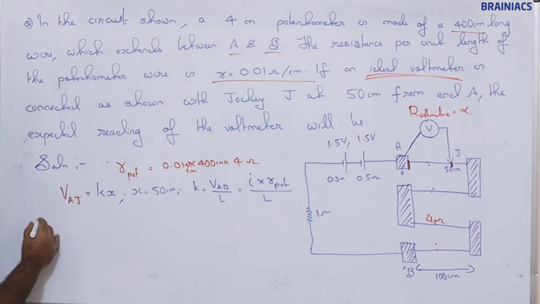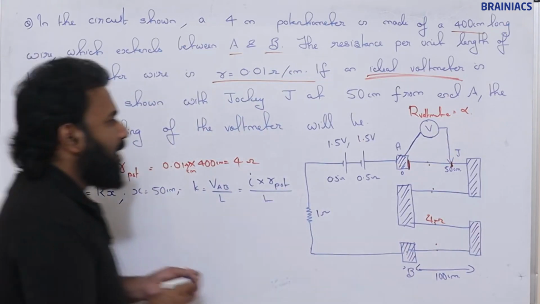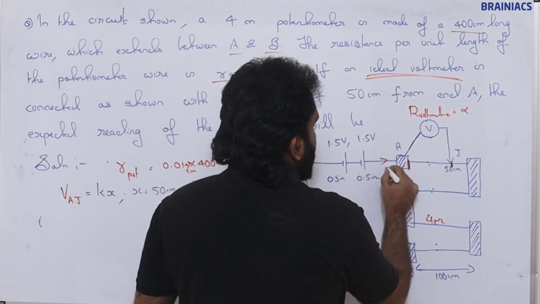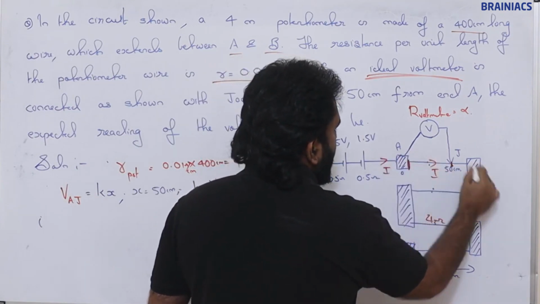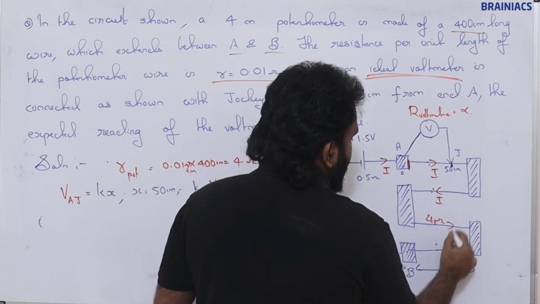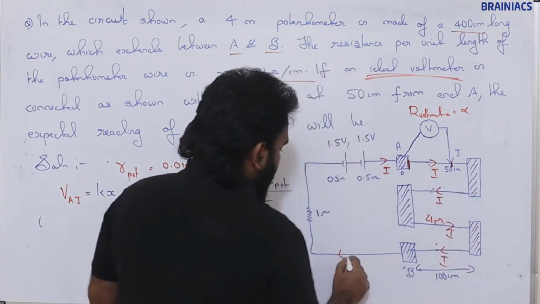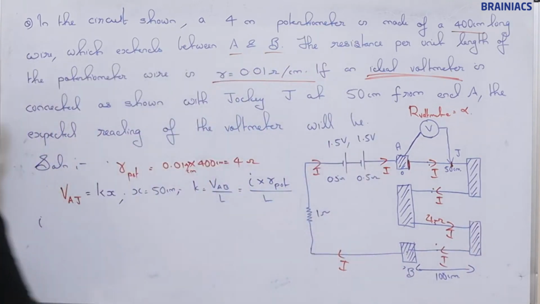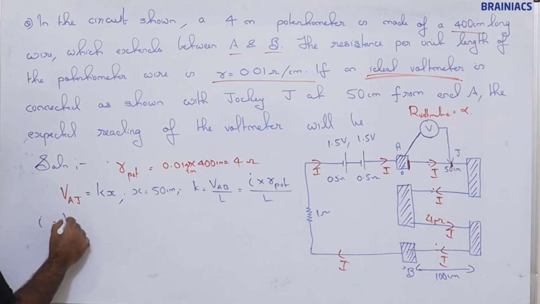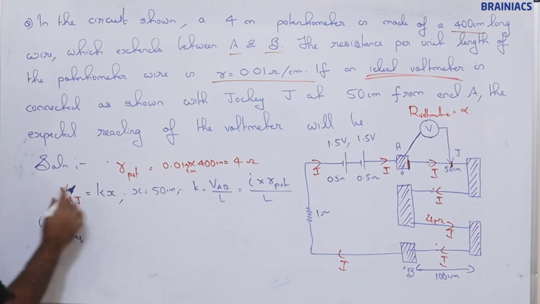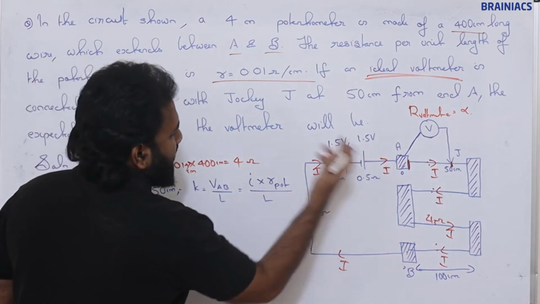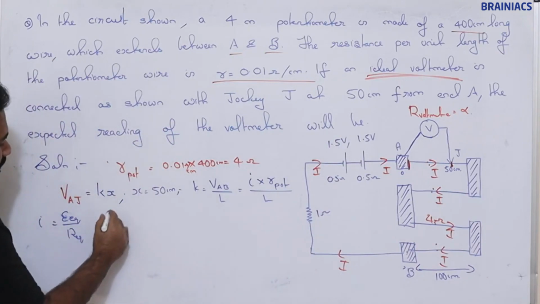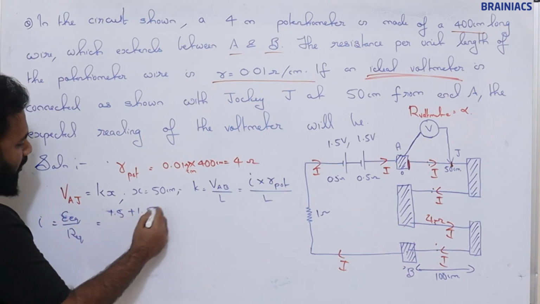Now we will find one by one. What is the current? Current will be passing like this. So what is this current value? I is equal to V by R equivalent, or E equivalent divided by R equivalent. These both are connected in same polarity, so EMF is 1.5 plus 1.5.